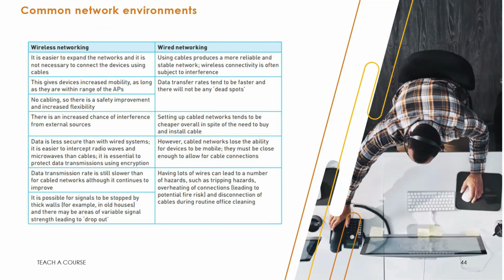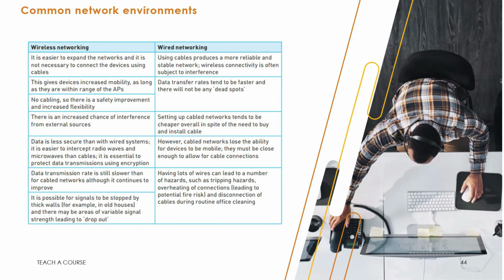This is a comparison between wireless and wired networking. It is easier to expand the network, and it is not necessary to connect the devices using cables. Using cables produces a more reliable and stable network. Wireless connectivity is often subject to interference.